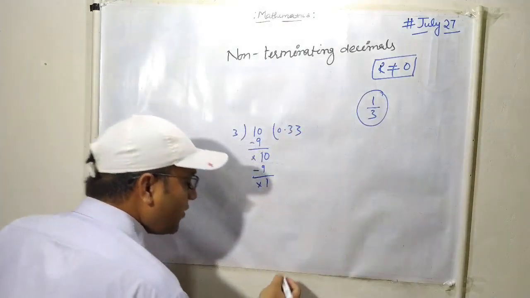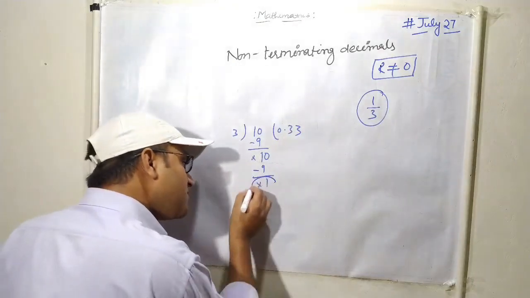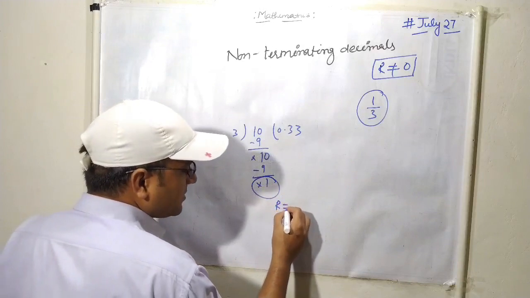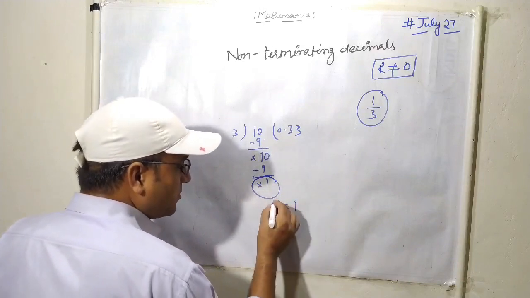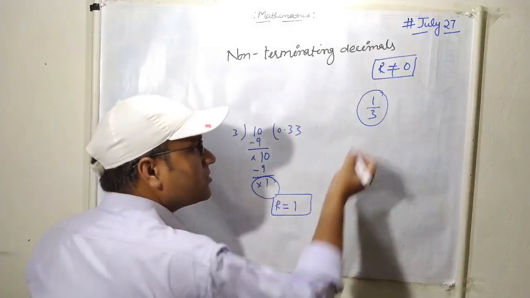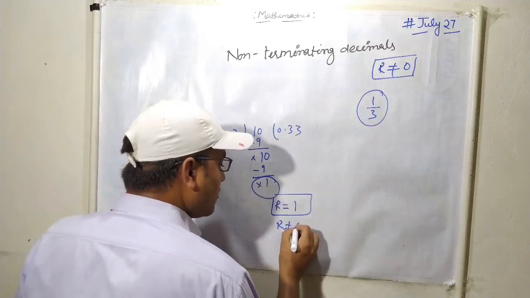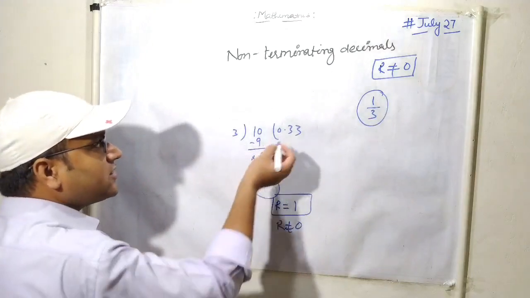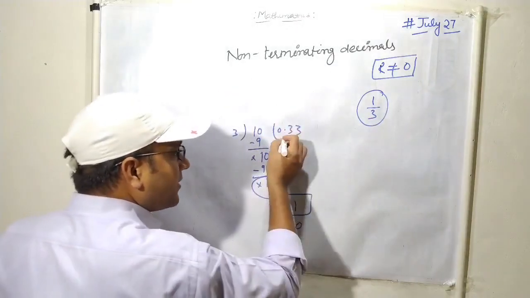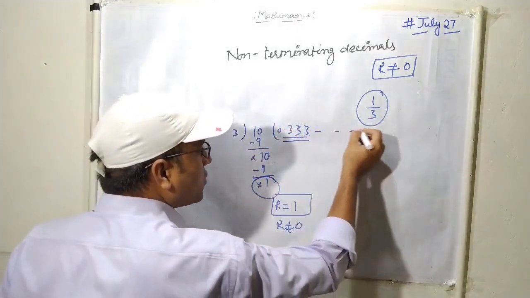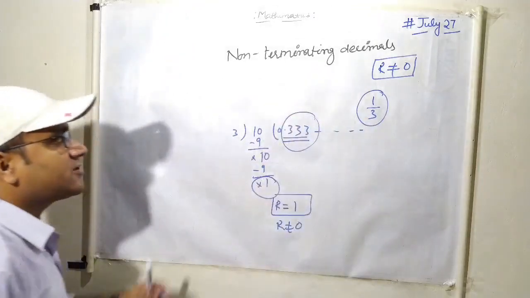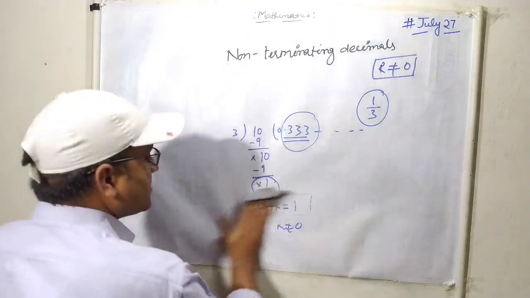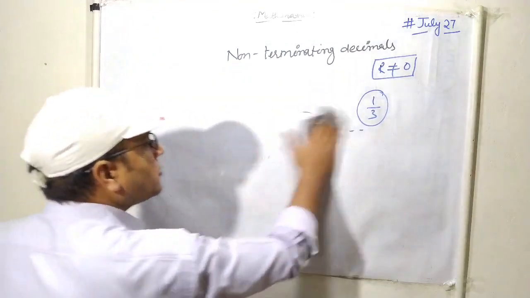You can see this, if you are doing this division, 1 comes in each remainder, so it is not equal to 0, meaning the division never ends. So this type of decimal numbers are said to be non-terminating decimals, and non-terminating decimals are of two types.